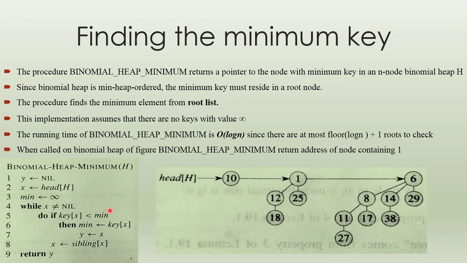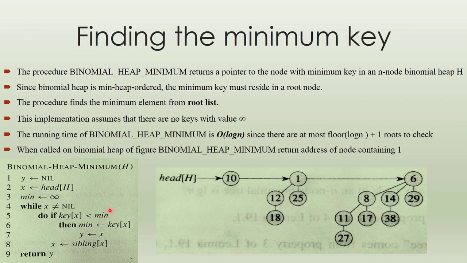Next procedure is finding the minimum key. In the previous videos we studied that the minimum element will always be in the root list, because a binomial heap is a collection of binomial trees where each binomial tree follows the min heap property. So one of the roots will contain the minimum key.